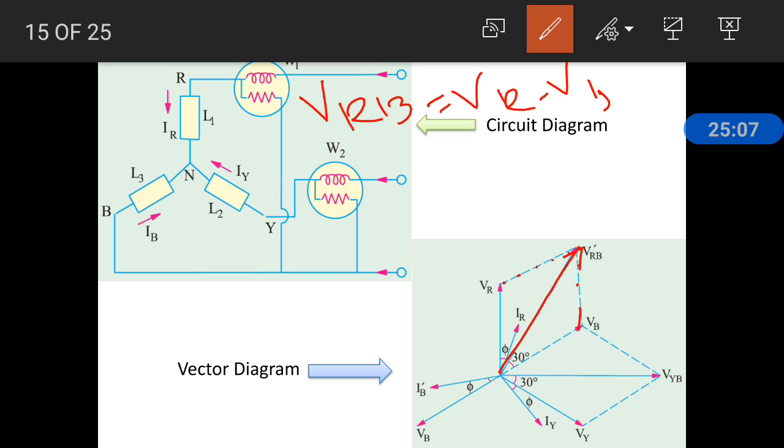So VRB comes here. Now we are finding the phase difference between VRB and IR. We know that VR and VY are 120 degrees apart, and exactly at half of that 120 degrees, minus VB passes. So this angle is 60 degrees. Again VRB passes through the exact middle, so this angle is 30 degrees.